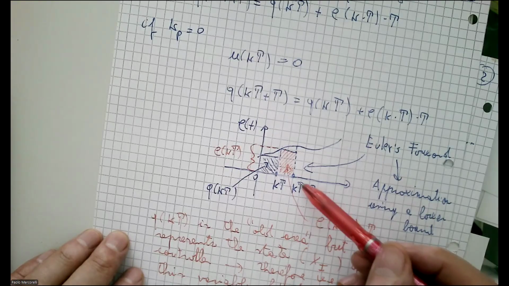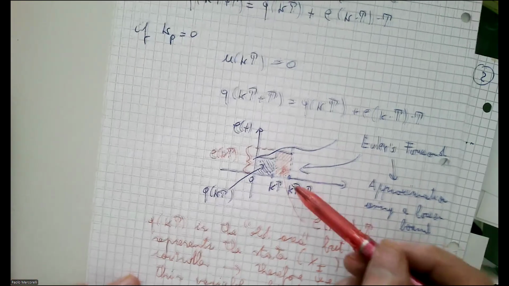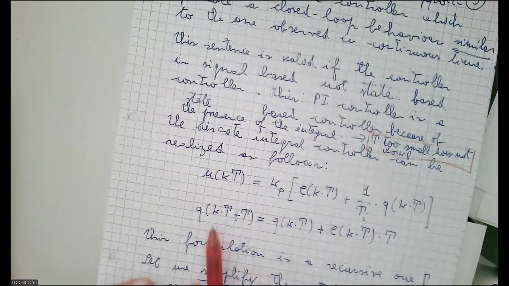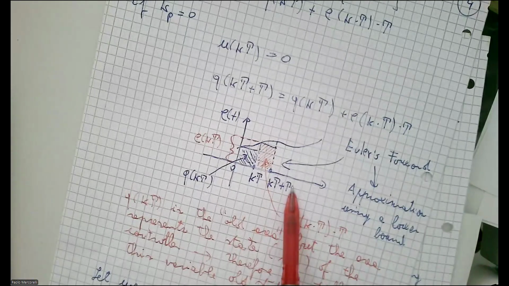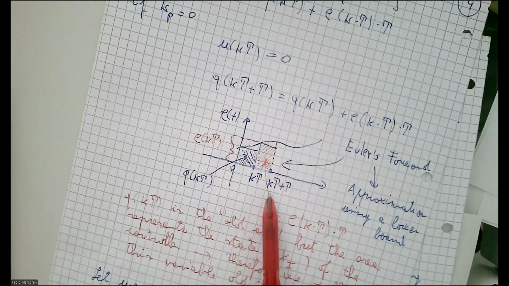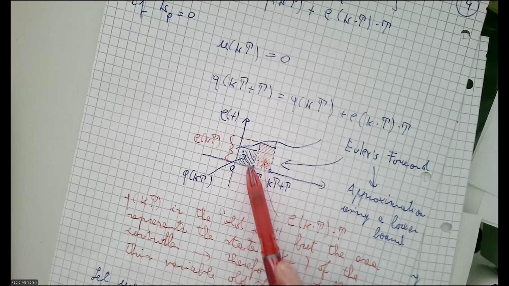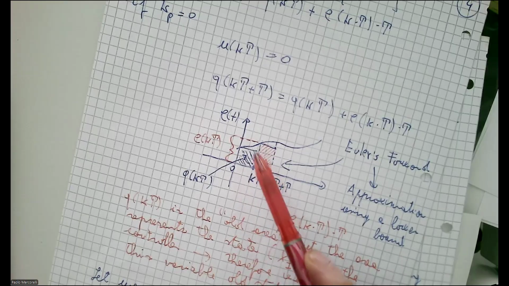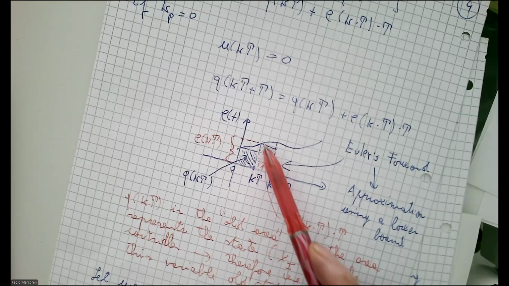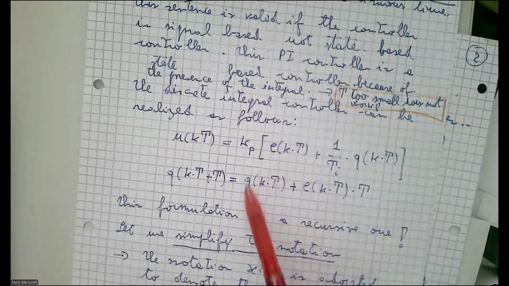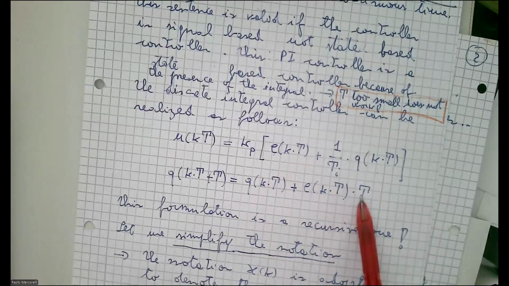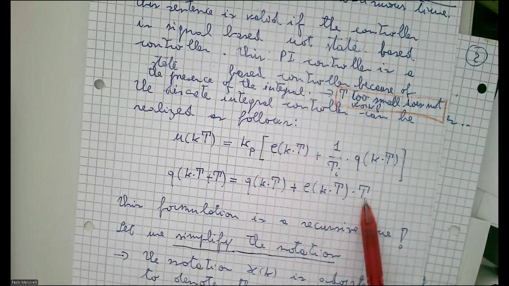The area at this point here, which is kT plus T, or if you want, parenthesis k plus 1, parenthesis multiplied by T, this area is this area here, the past, plus this element multiplied by this. The past plus this element, the amplitude multiplied by the interval.